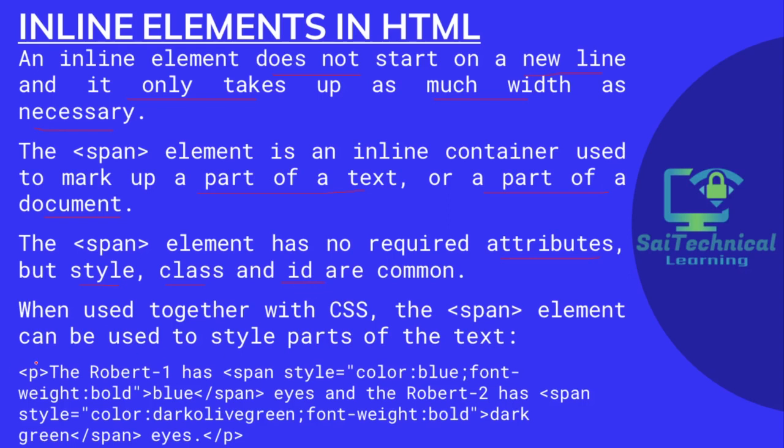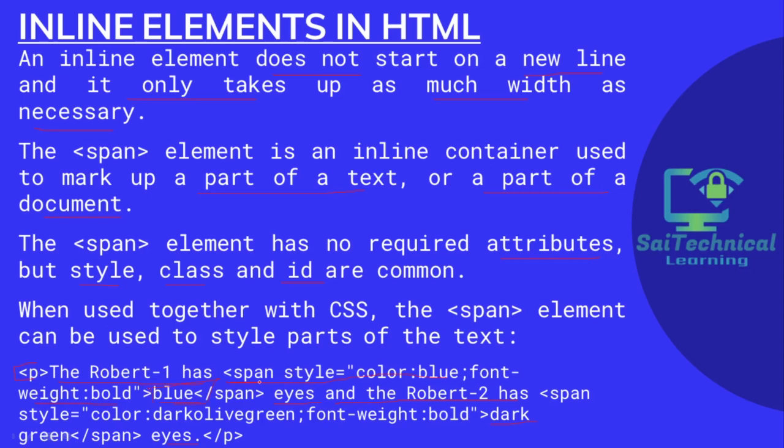For example, here we are using the paragraph tag, which has the paragraph like, robot 1 has blue eyes and robot 2 has dark green eyes. But here what we have done, we are providing a span element, that is span style equals to color blue and font weight bold, for the particular blue text.